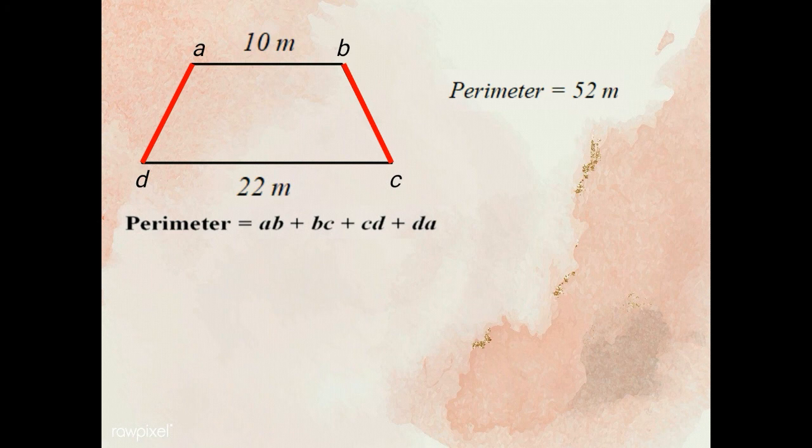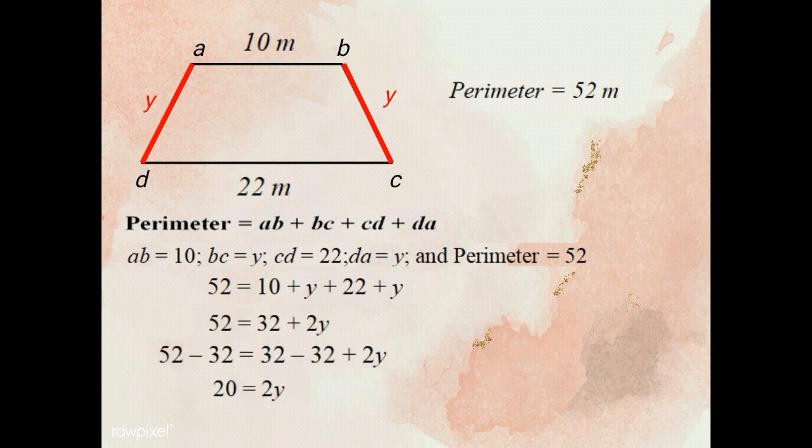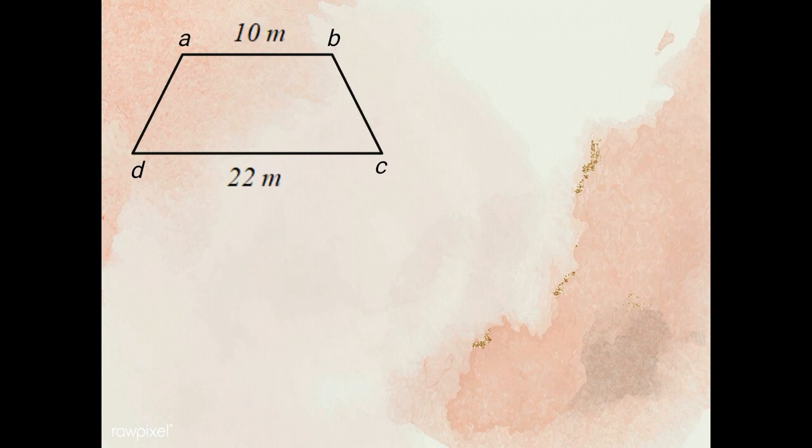So we can shorten these two as Y. By substituting the known value, we will get 52 is equal to 10 plus Y plus 22 plus Y. Using algebra rules, we will get the value of Y. Y is equal to 10. So, the length of BC and the length of AD is 10 meters.